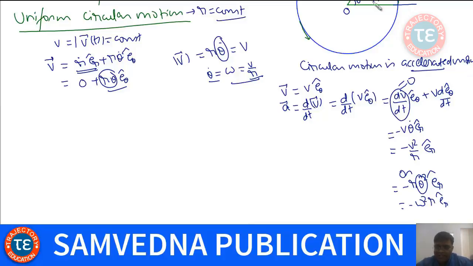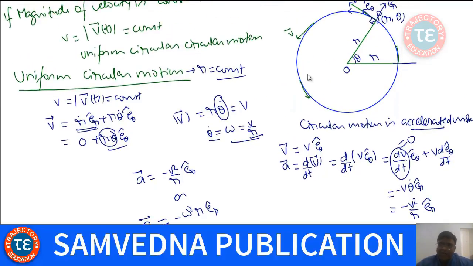So what is it saying? When the body is undergoing uniform circular motion, its velocity keeps on changing its direction, and the acceleration is this. Or if I write v as omega r, this is the acceleration. So what do you find? When the body is moving in circular motion, it is in fact accelerating in the radially inward direction.